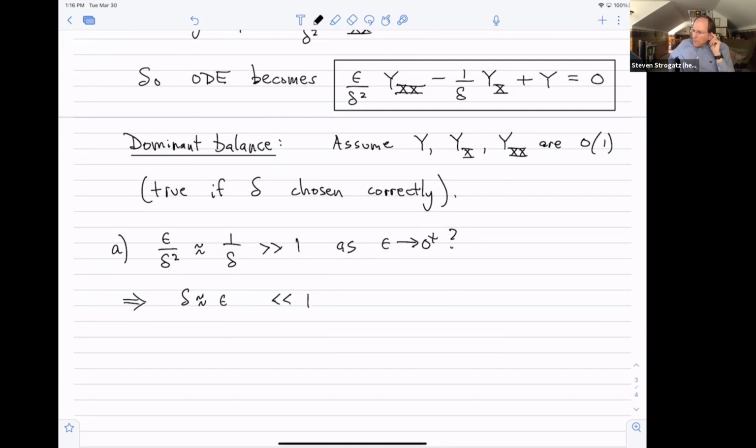So that's all consistent. That can work because we know that delta and epsilon are much smaller than 1. So this all looks reasonable.